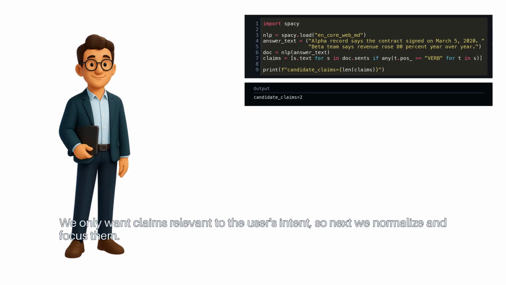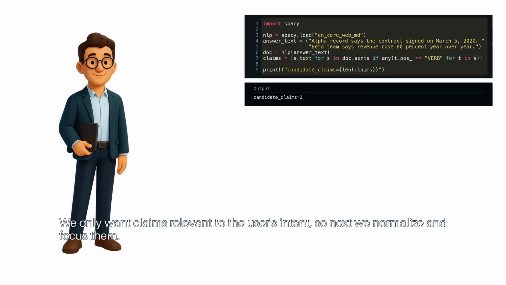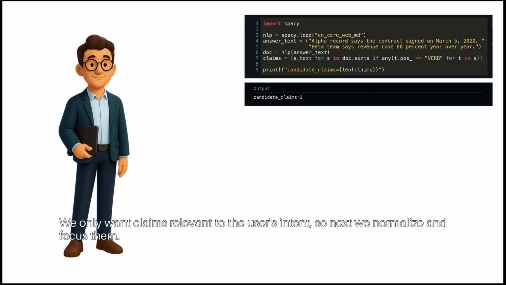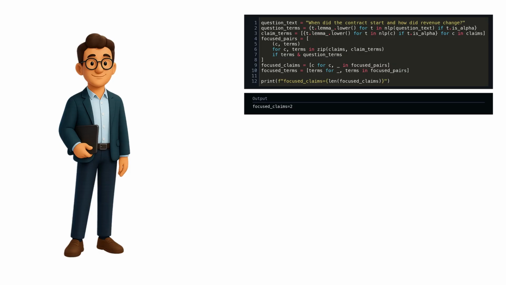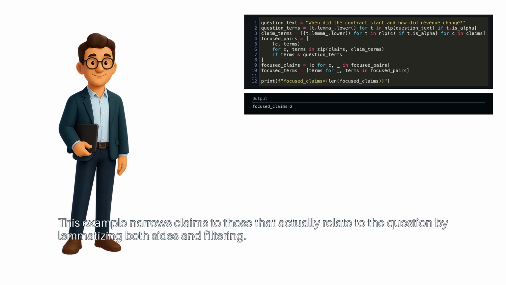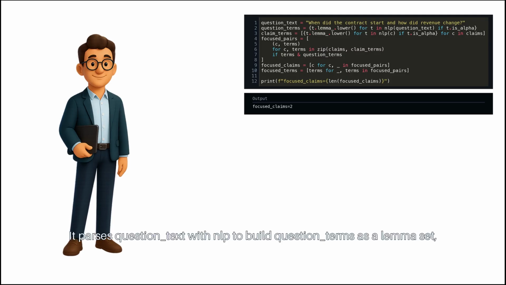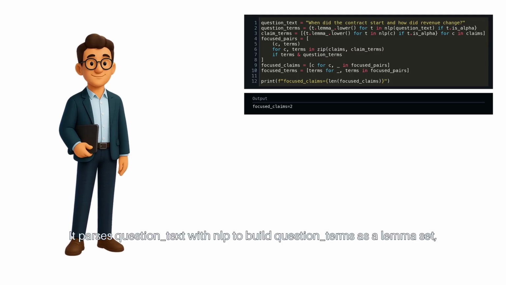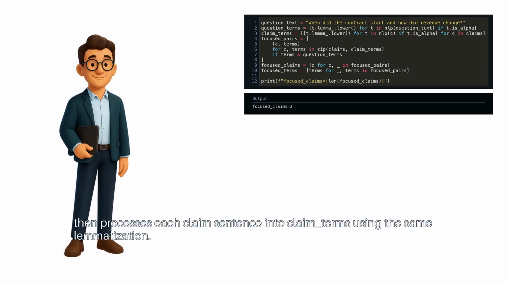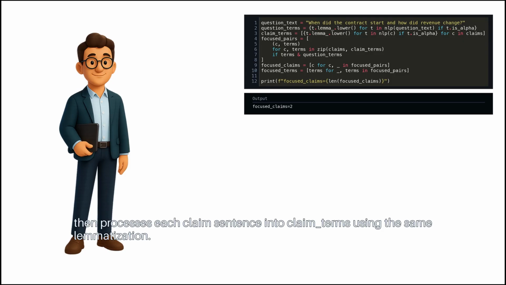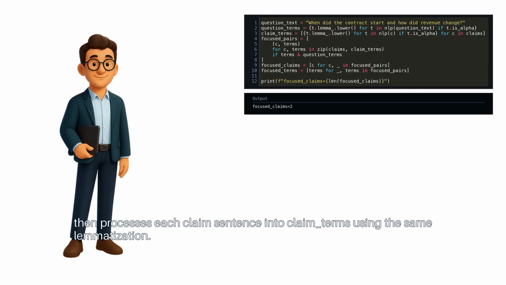We only want claims relevant to the user's intent, so next we normalize and focus them. This example narrows claims to those that actually relate to the question by lemmatizing both sides and filtering. It parses question text with NLP to build question terms as a lemma set, then processes each claim sentence into claim terms using the same lemmatization.